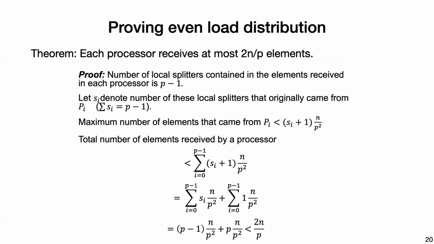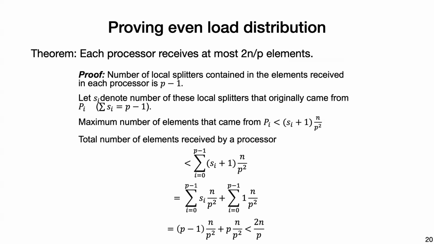And so the total number of elements received by the processor, you just sum up from 0 to p-1, over (S sub i plus 1) times n over p squared. If you do out the summation, this is just p times n over p squared, which is just n over p.